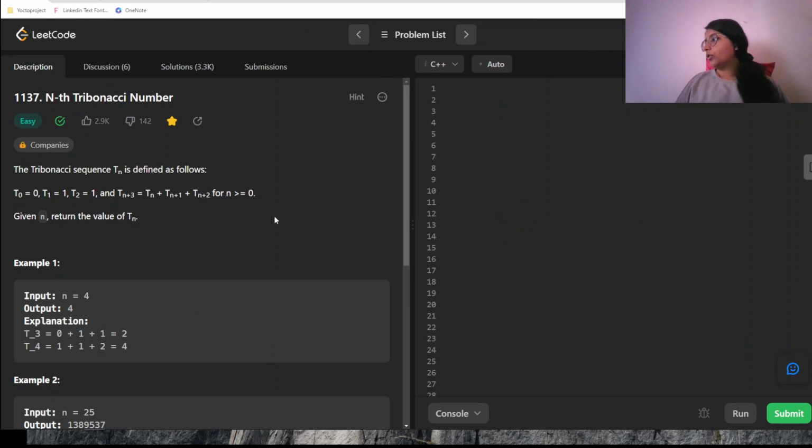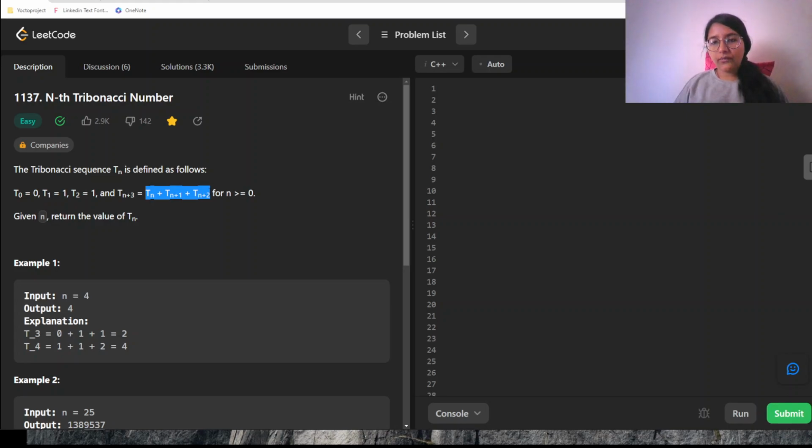Okay. So here the Tribonacci sequence Tn is defined as follows: T0 equals 0, T1 equals 1, T2 equals 1, and then Tn+3 equals Tn plus Tn+1 plus Tn+2.